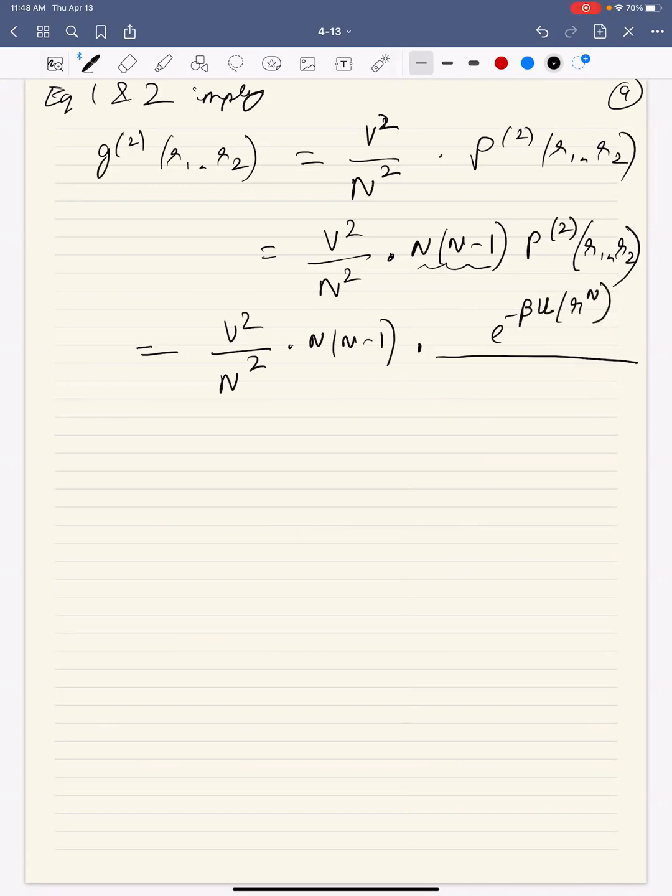But I have to integrate a few things out. What should I integrate out? All of them except R1. Exactly. So dr3, dr4, dot, dot, dot. Is that the probability? Probability needs to be normalized also, right? So I have to divide by the n particle partition function Qn.